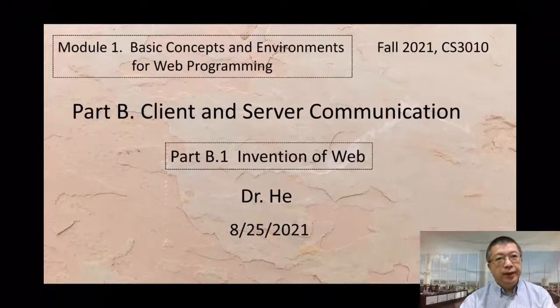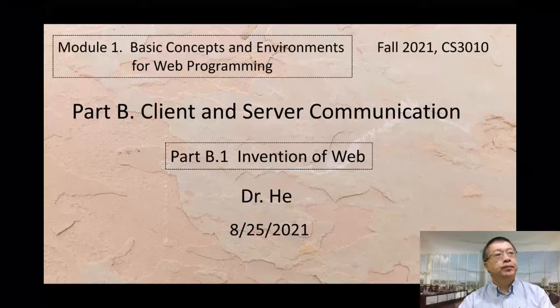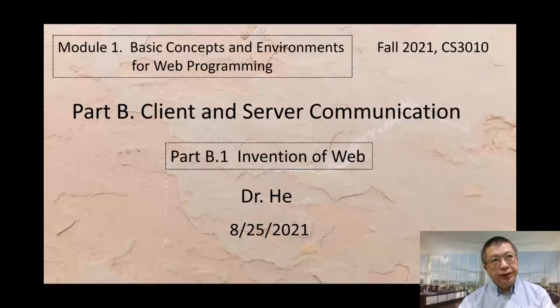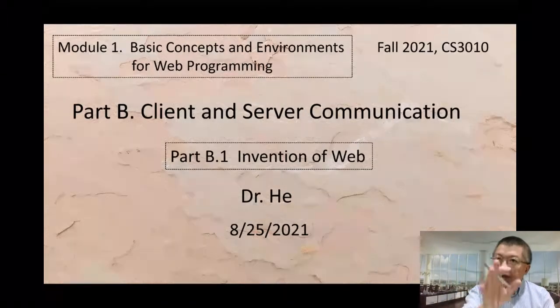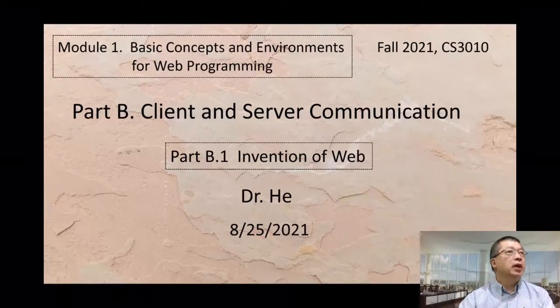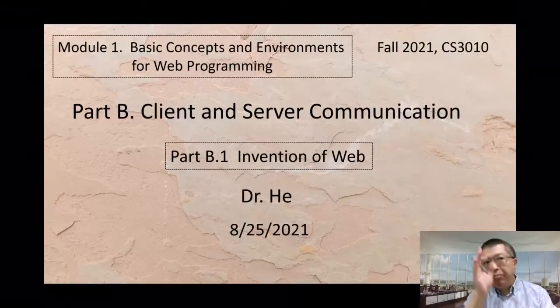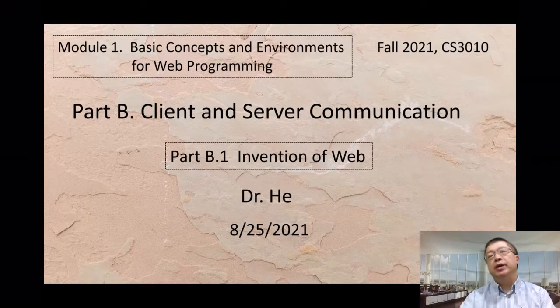Start part B, the title, Client and Server Communication. Now, in order to look at this topic, first, we continue from the point we left in part A. In that part, we looked at the brief history of the Internet and the web, and we have not completed the history part about the web.